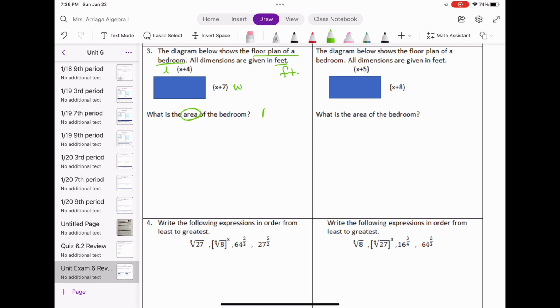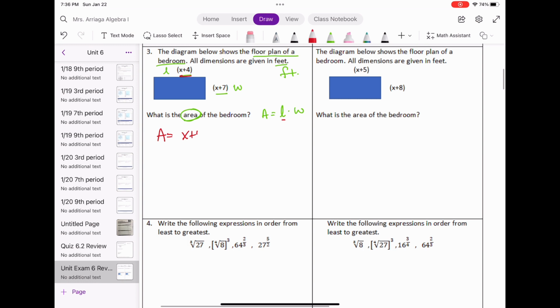And we know that the formula for area of squares and rectangles is area equals length times width, meaning we're going to multiply that top binomial times that side binomial. So x plus 4 times x plus 7. And you can solve this by using either the box method or the FOIL method.